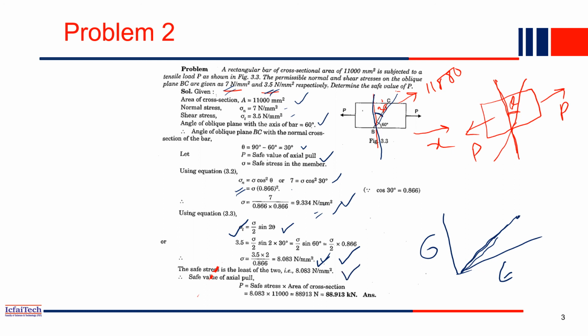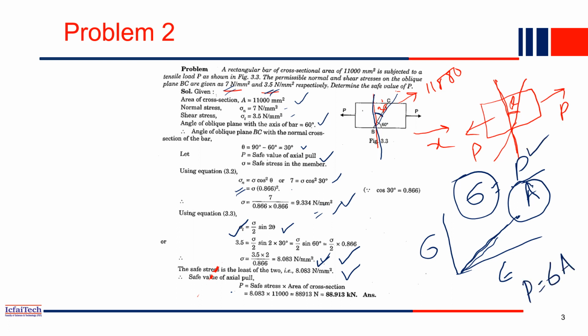Now if you find out, P will be how much? Already we know the stress. Stress equals force by area. So P equals sigma times A. Sigma's value you know, 8.083, and the cross-section value A is also given.